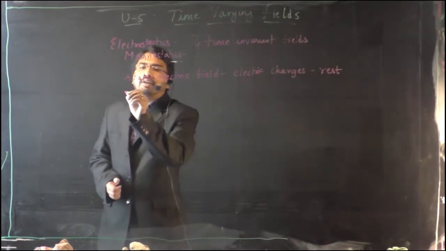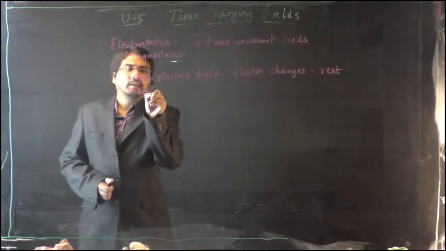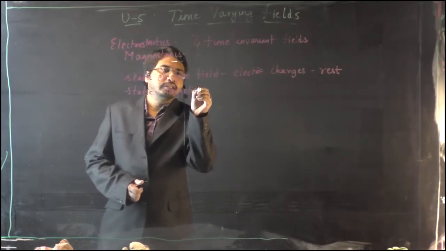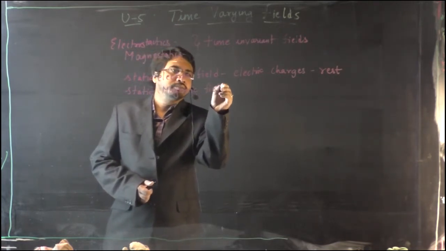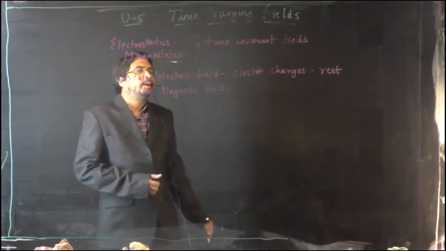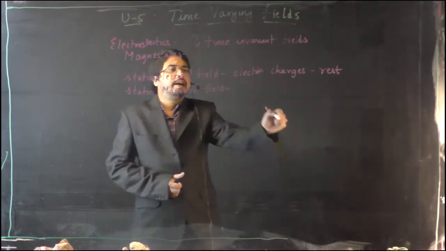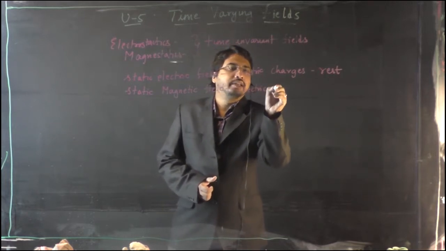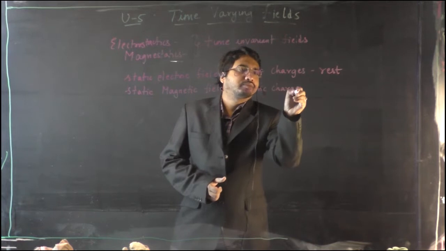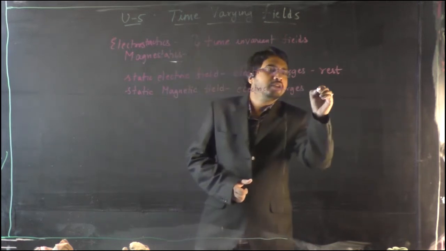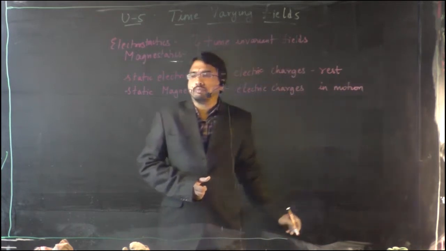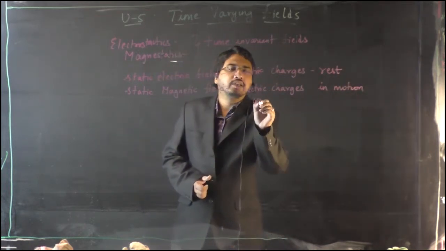Now, if you consider the static magnetic field, then it is produced by the electric charges that are in motion, and which are moving with constant velocity.